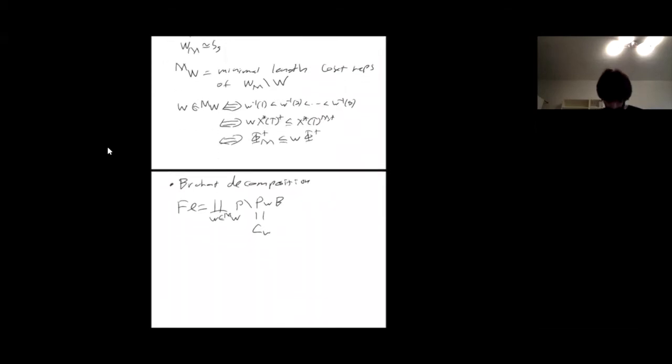And then, of course, immediately for us, we have the Bruhat decomposition, and this set also indexes the Bruhat decomposition. And I'm going to call this Bruhat cell C_w. Okay.